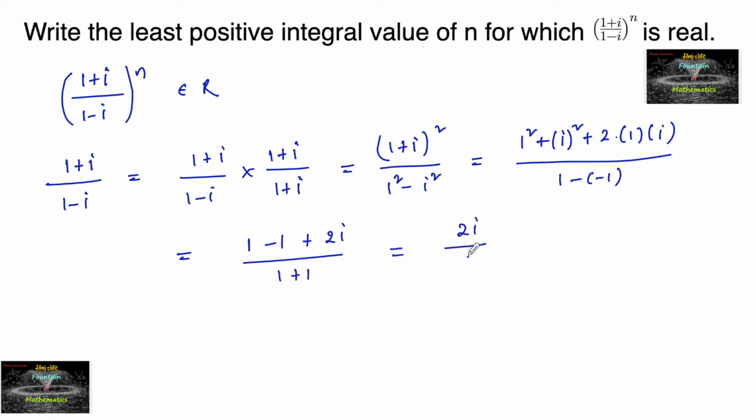So it is equal to 2i upon 2, which is equal to i. So after simplification, 1 plus i upon 1 minus i is i.